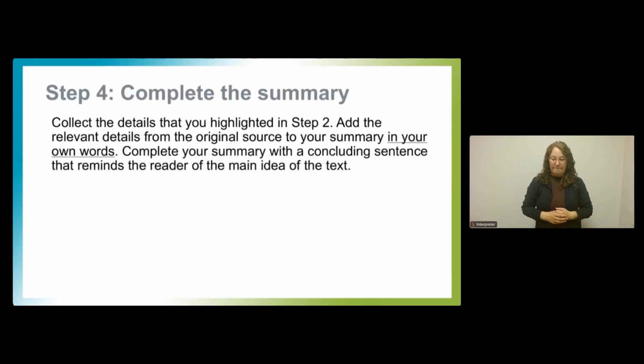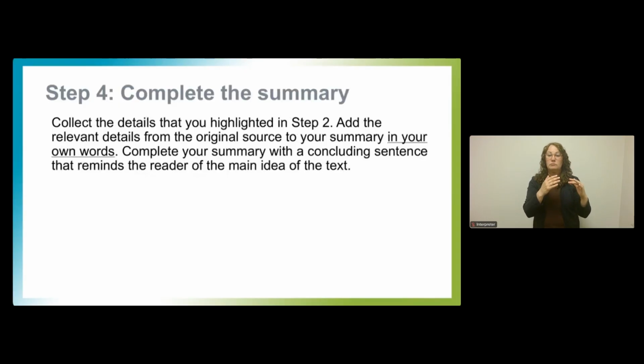And the last step, step 4, is to, of course, complete the summary. So we've done a lot of the work because we've read the text, we've tried to understand it, we've identified what we feel is the main idea, key ideas, we've highlighted those, we've crossed out less important details.